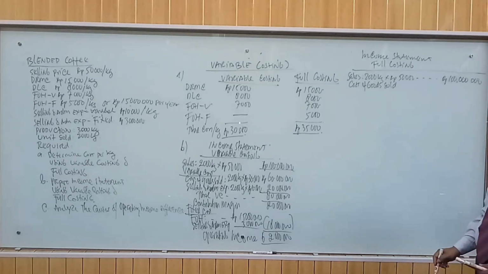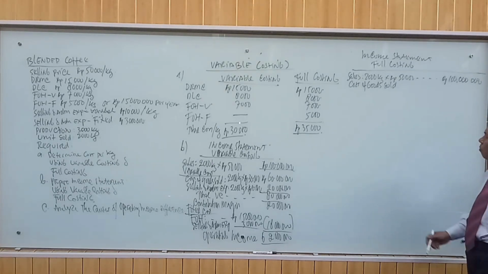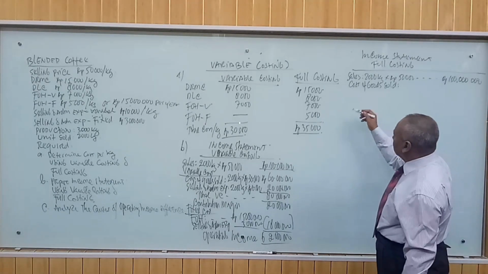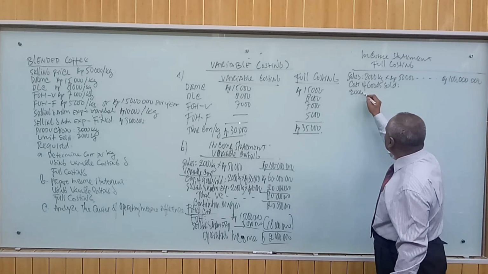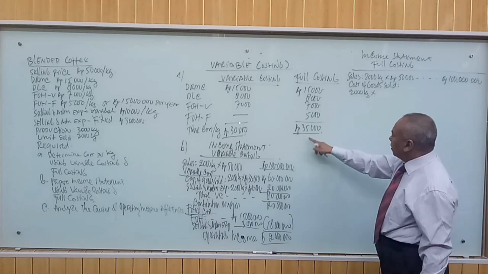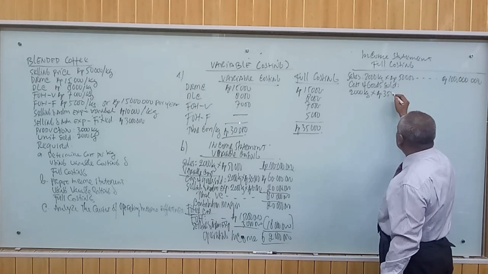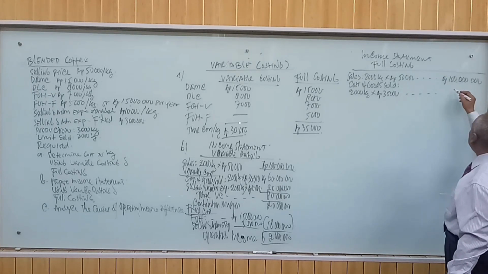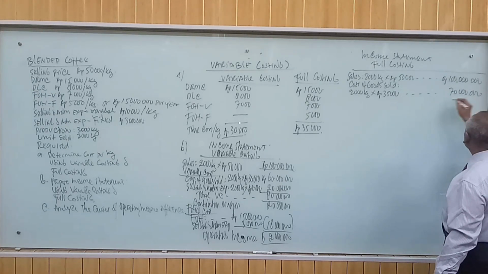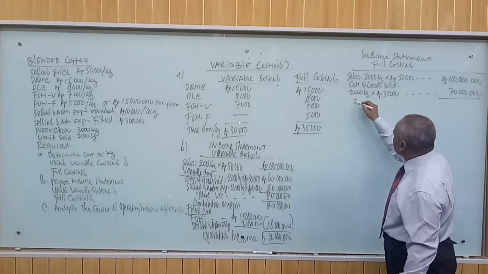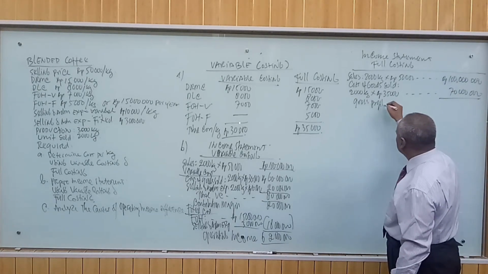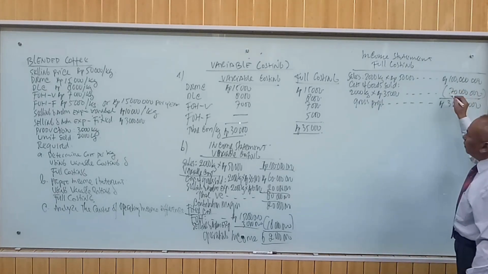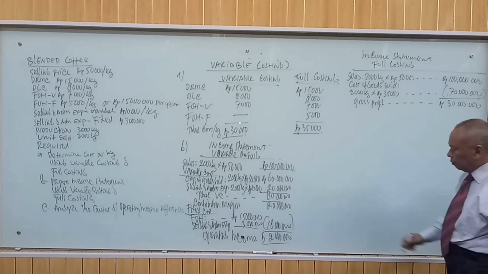This is the income statement format for external reporting that you have learned in financial accounting. The cost of goods sold, because we sell 2,000 kg times the cost per kg of 35,000, will be 70 million. So we find the gross profit of 30 million.